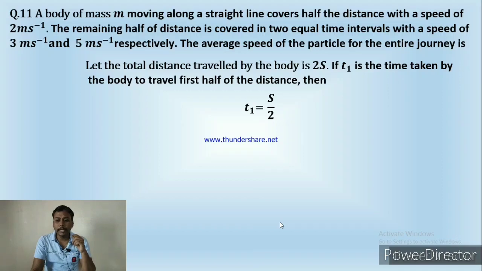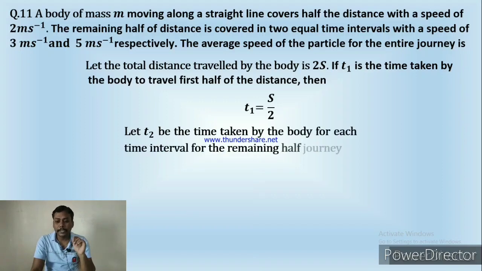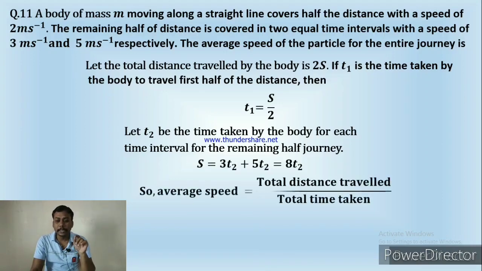Let t2 be the time taken by the body for each time interval for the remaining half journey. So s is equal to 3t2 plus 5t2, which is equal to 8t2. The remaining journey is in two intervals, 3t2 plus 5t2, that is 8t2.